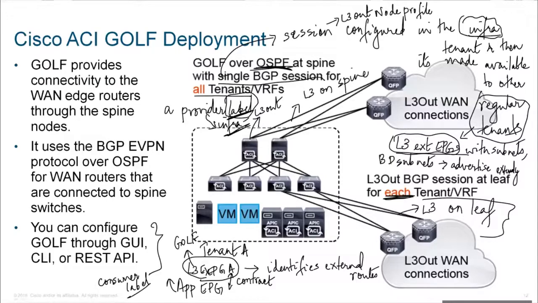Now, the BGP session is going to go ahead and advertise. So this provider is going to advertise the routes that you have marked in the regular tenant as advertised externally.